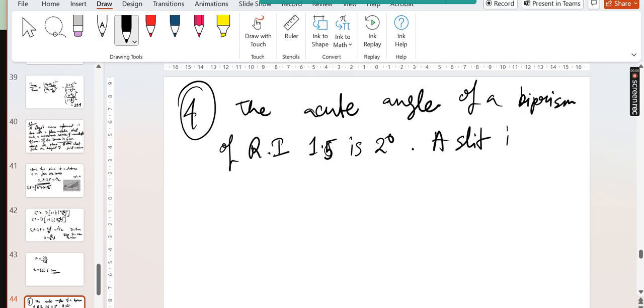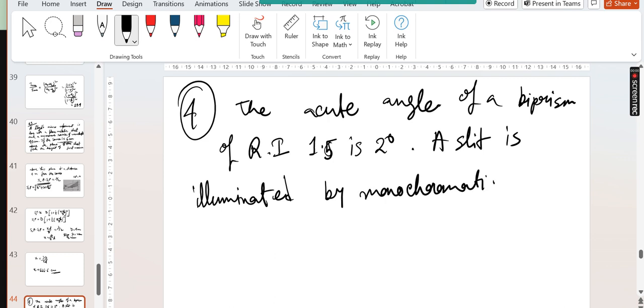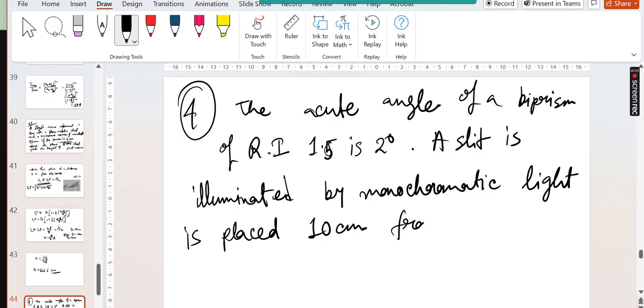A slit illuminated by monochromatic light is placed 10 centimeter from the biprism.